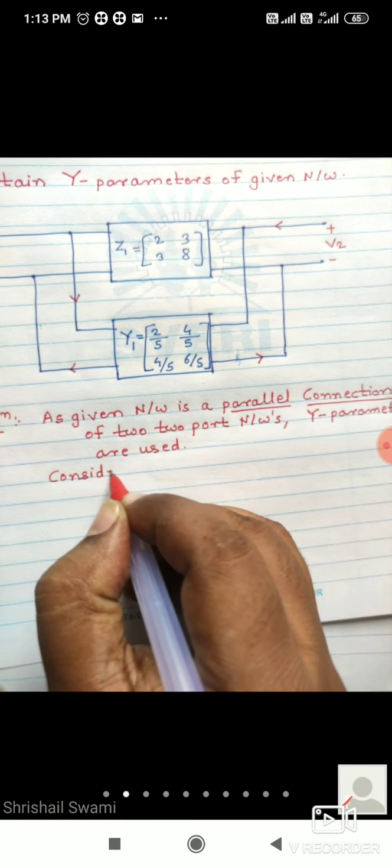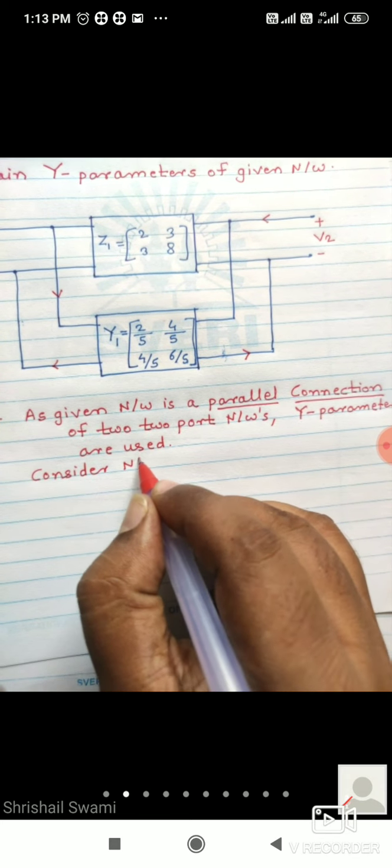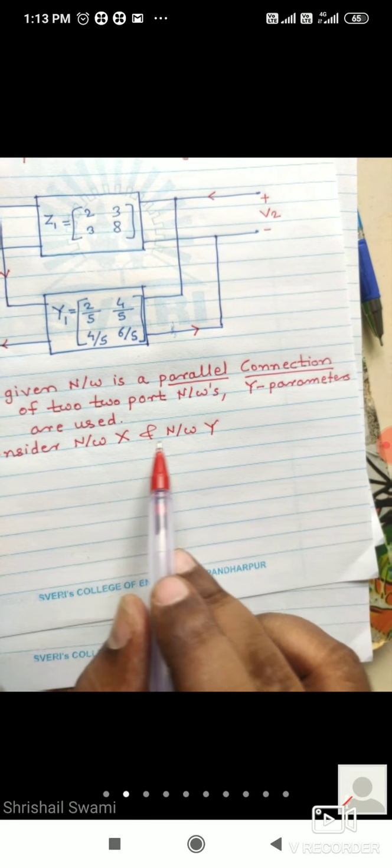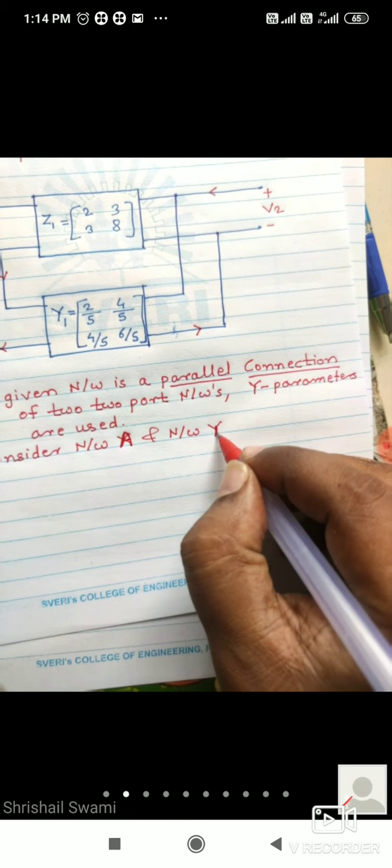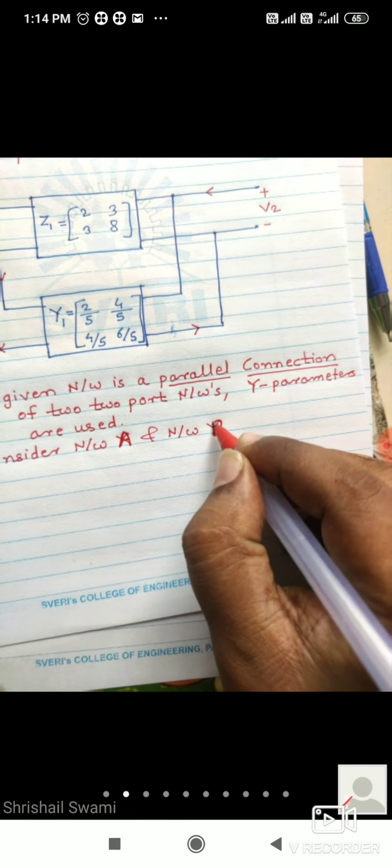Okay, so consider network X and network Y. Not given, so you have to consider them. किंवा network A आणि network B असे म्हणू शकता, whatever you can take. Okay, so two networks are given.